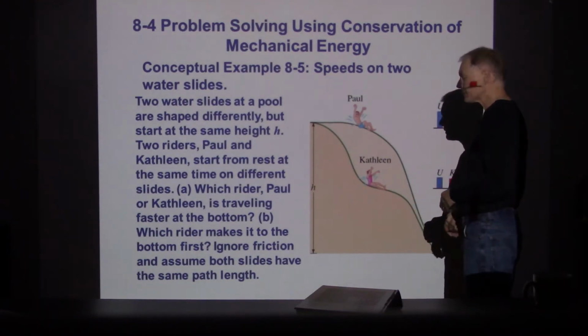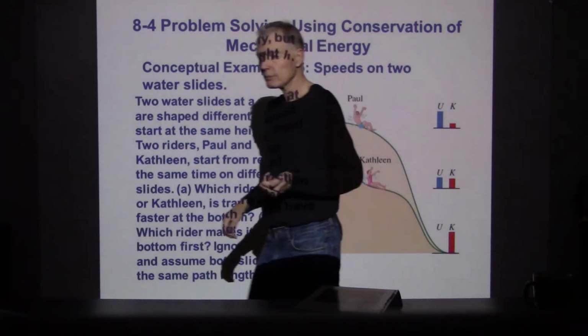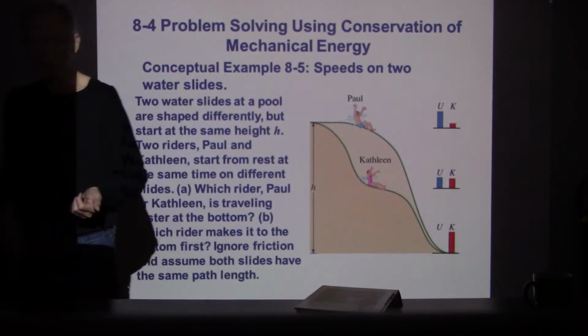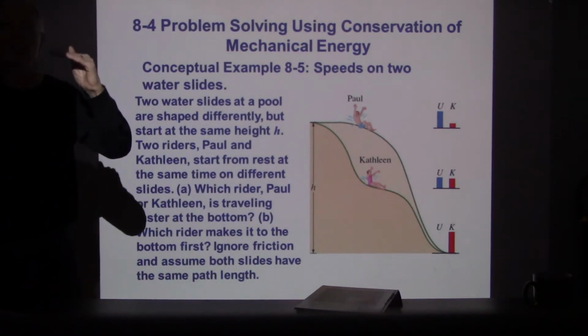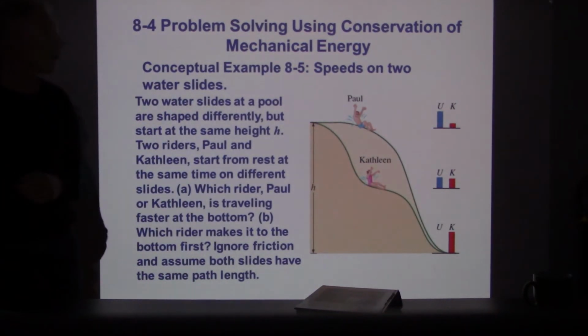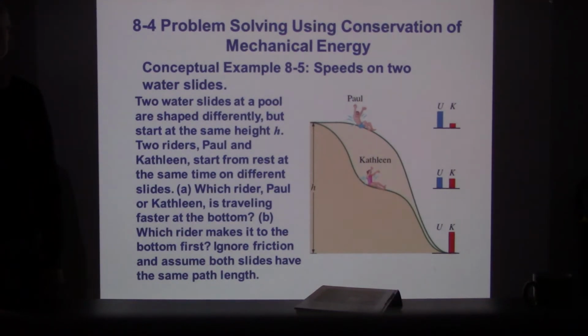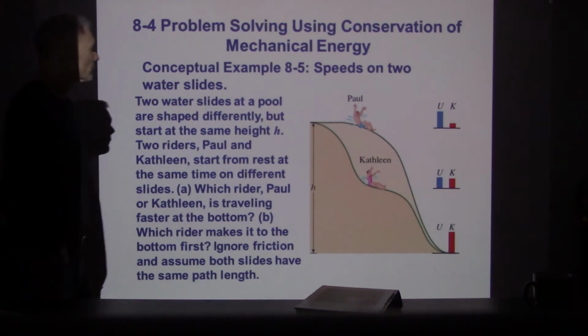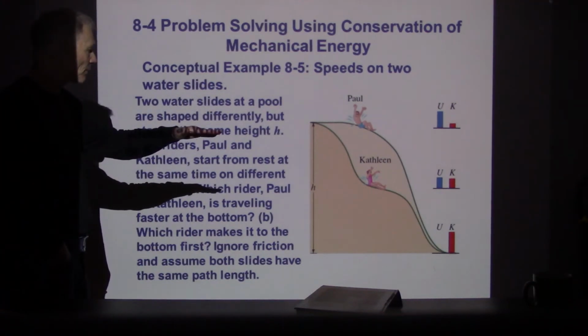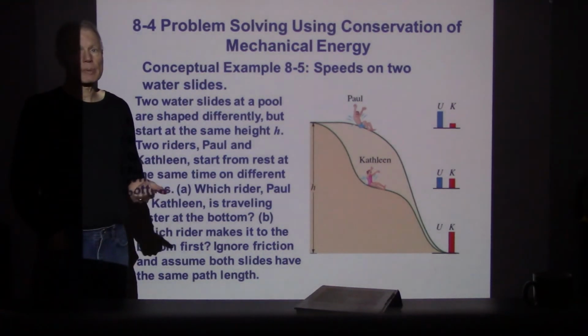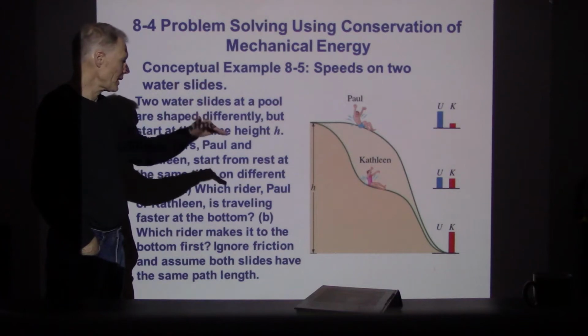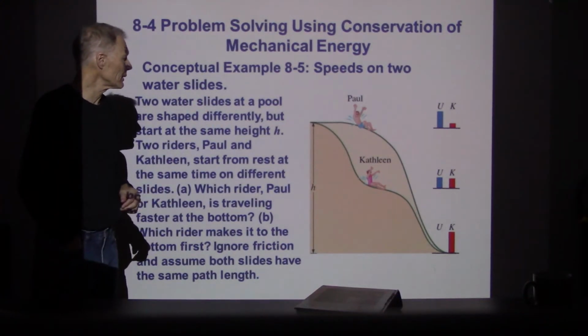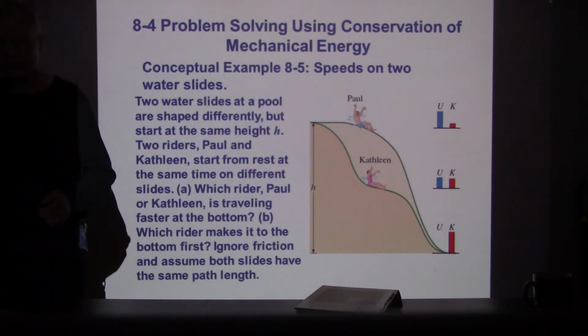That means that Kathleen is going to be traveling at a higher speed than Paul at different points along the drop. Kathleen's going to get to the bottom first, right? But again, once they get to the bottom, they'll both have the same speed. Eventually, Paul's going to end up with the very same speed that Kathleen has at the bottom. It's just going to take longer.